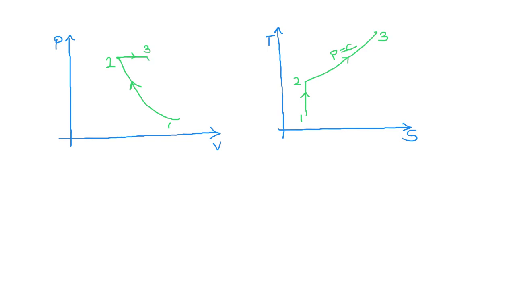Then process 3 to 4 is isentropic expansion. It is represented like this as a curved line. And in the TS diagram, it is represented as a vertical line here, 3 to 4. Then 4 to 1 is constant volume heat rejection.